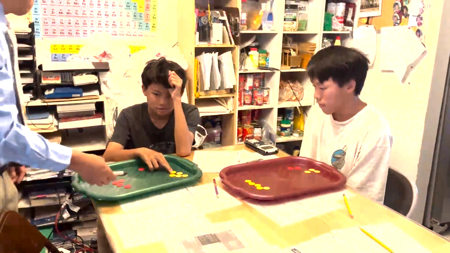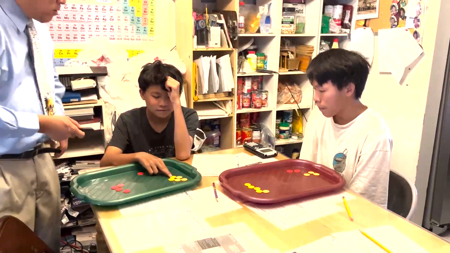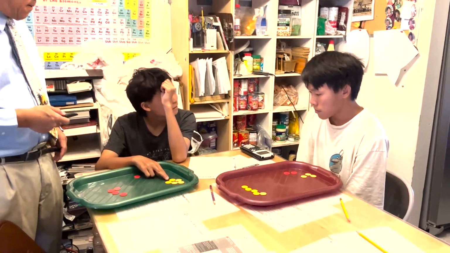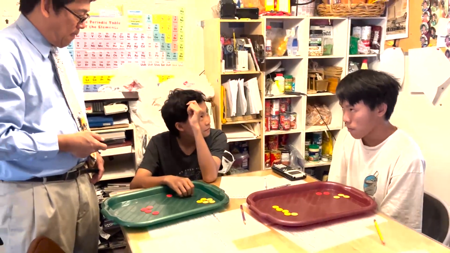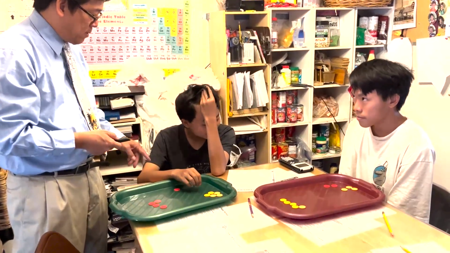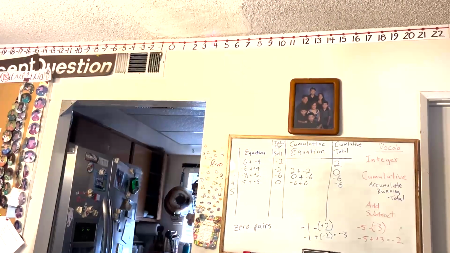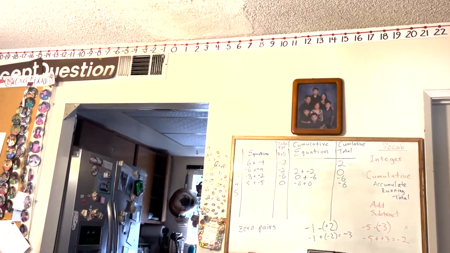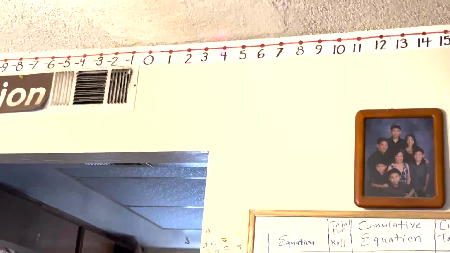Yes. Okay. Do you guys like this way? Yeah? Better. Which way is easier, this or the number line? This way. Okay. How about for you, Jaden? This way. Okay. +4. What are we doing with +4? We're taking away -1.